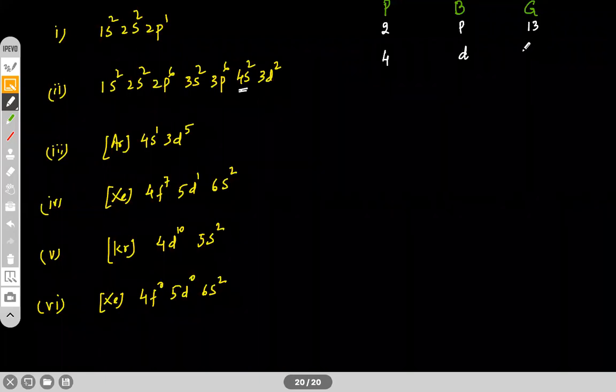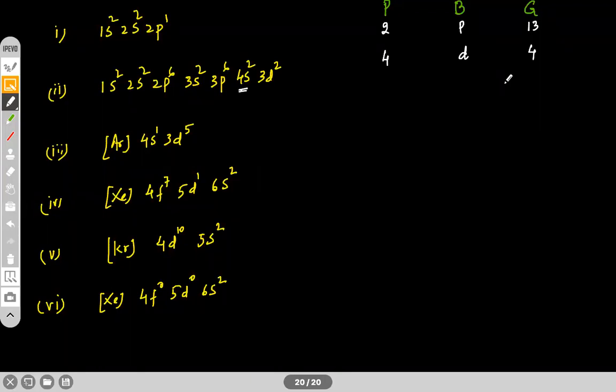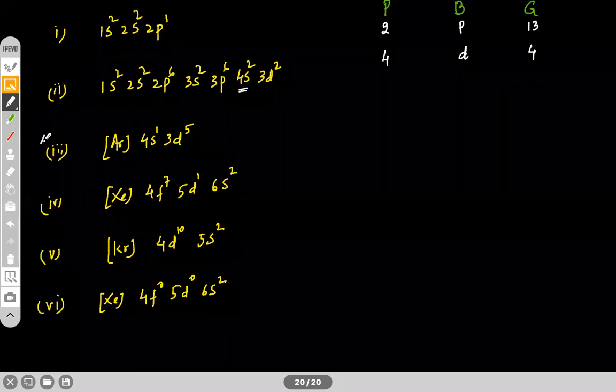So 2 plus 2 is the 4th group. No doubt in this? Okay, this one I'll discuss in the last. Let these two be; we will discuss this one first.